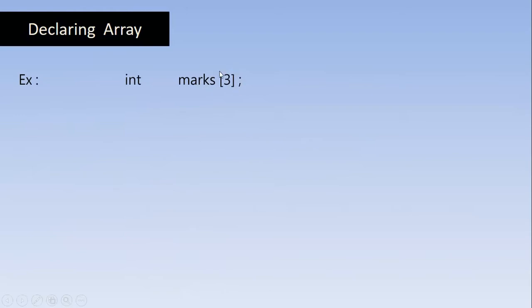That is what we specified inside these square brackets. So this is the size of this array. That means in the memory, 3 memory blocks are allocated to this variable, right? If it is of type int, then 2 bytes for each element of marks is allocated. So marks of 3 is going to have 6 memory locations continuously.